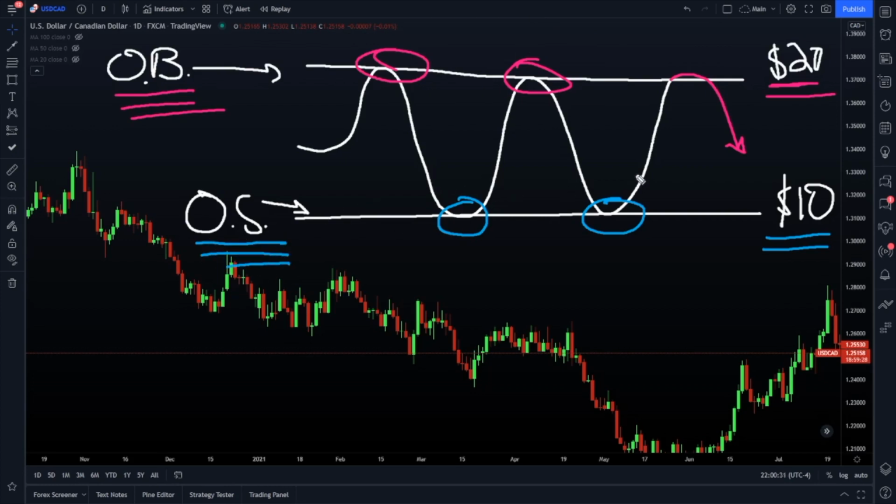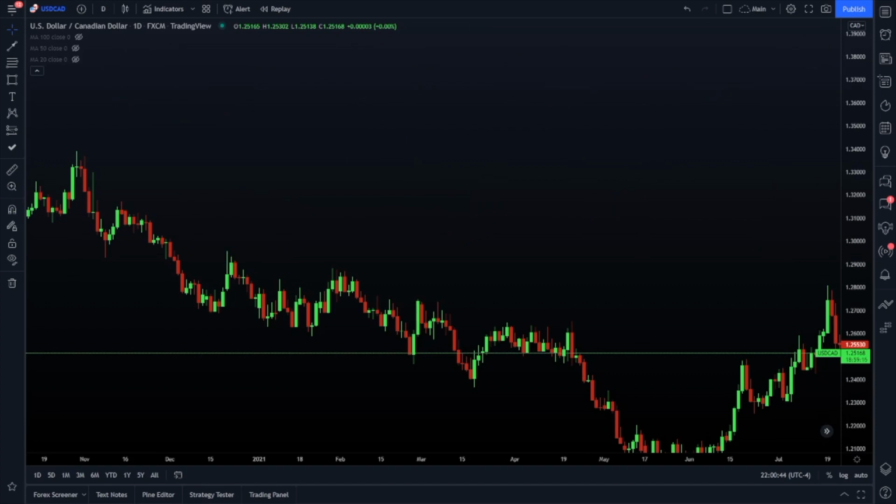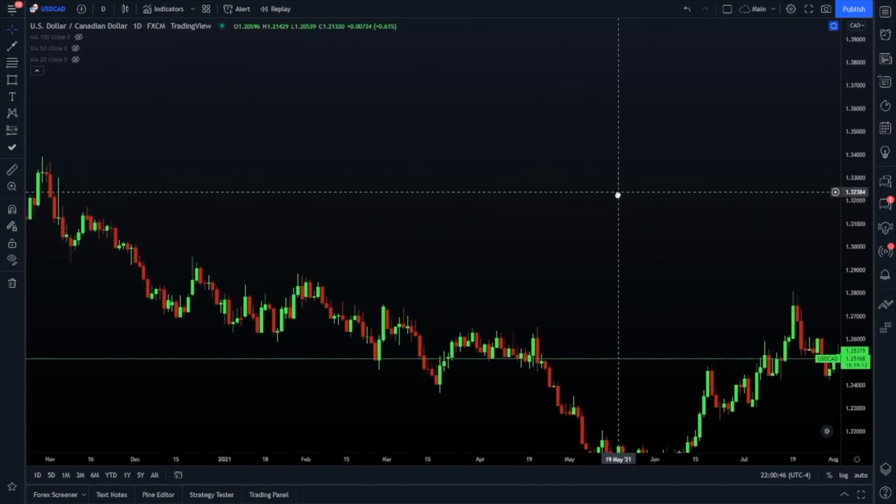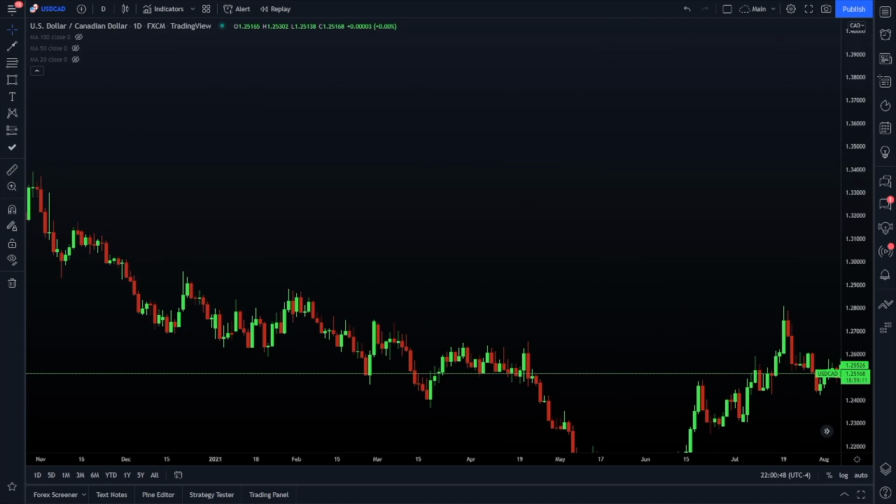Now, it's not as simple as this. Just because you identify something like this does not mean you're going to be making millions of dollars or anything like that. But this is the basis of the entire video that we are about to talk about. So we've got this concept. Let's clear the screen and let's talk about this in a candlestick pattern example. Obviously, as price action traders, what we are looking for is candlesticks that will tell us a little bit of the story here.